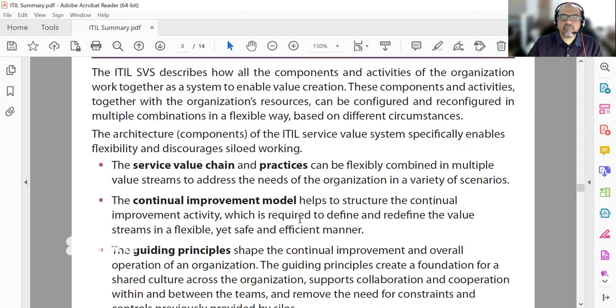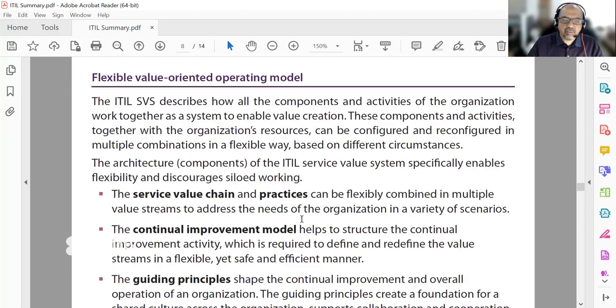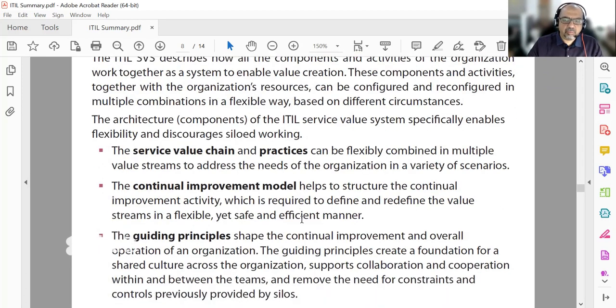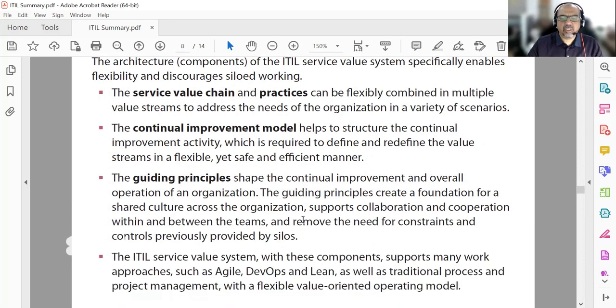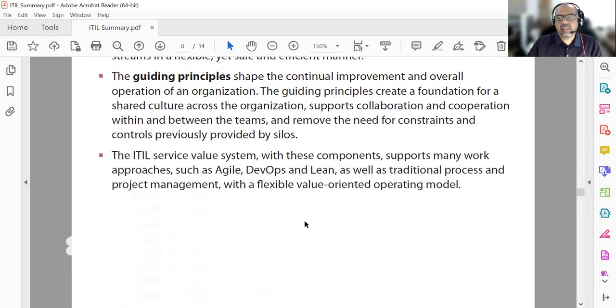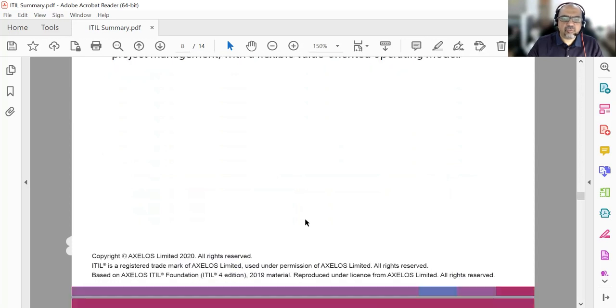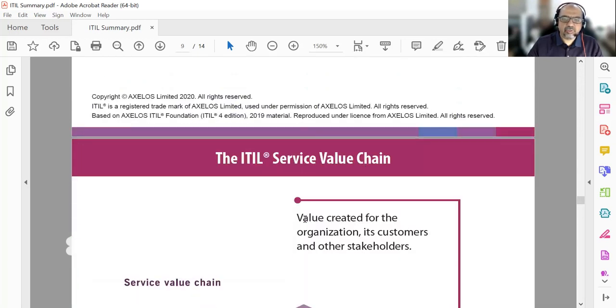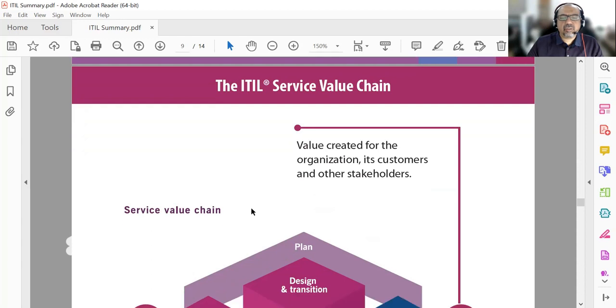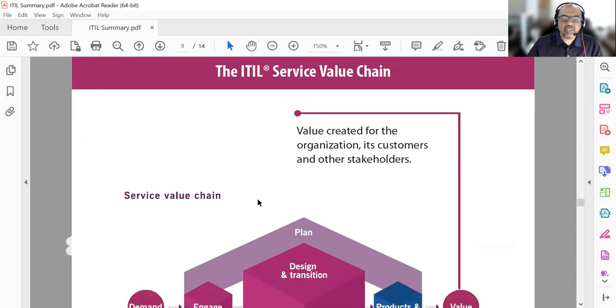So the service value system is flexible. It will help me to get rid of siloed work. It's integrated with other standards in project management, software development, and so forth. So here we see the SVC, service value chain.